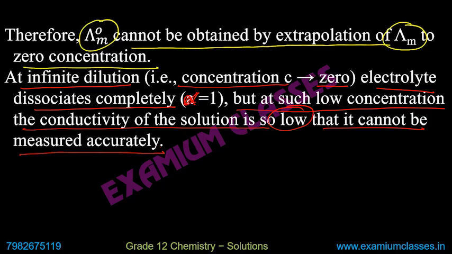We have added a lot of water into it, and still it is 1 mole of the electrolyte. But the number of ions in one region will be so low that measurement of conductivity will not be accurate.